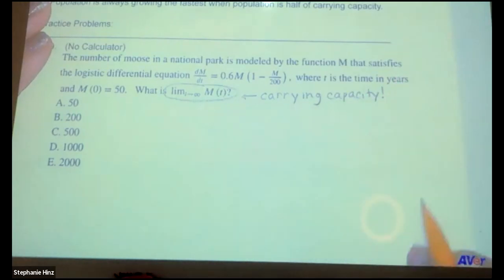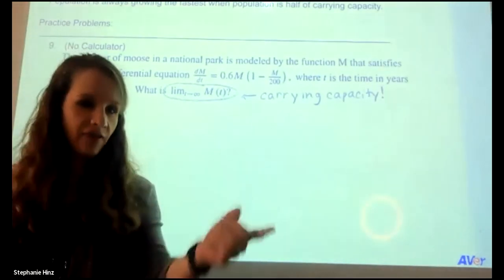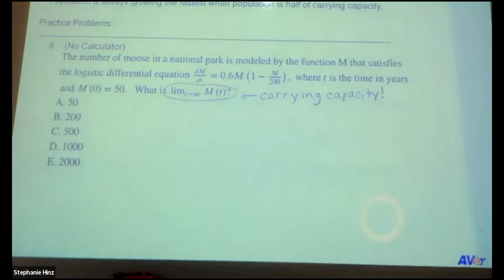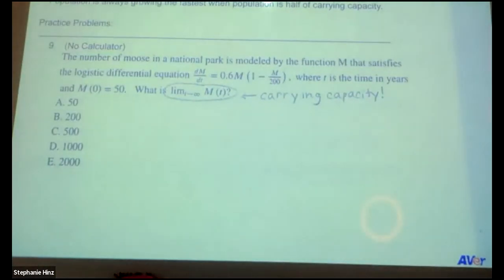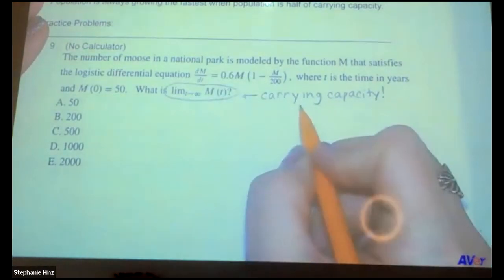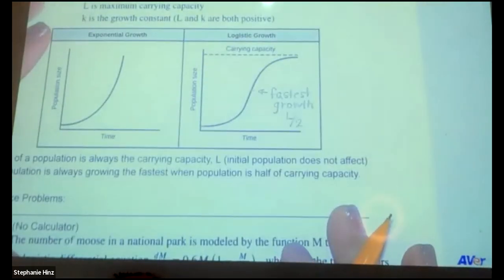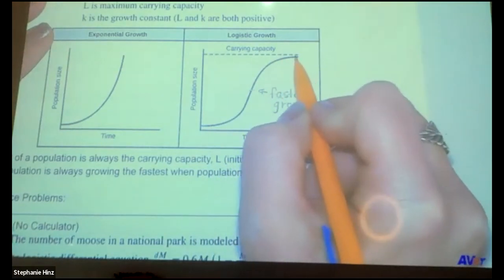I am going to tell you two ways to do this. And I will tell you that my students, half of them like one way and half of them like the other. So maybe you can latch on to one of these methods. One method that I want you to look at is actually a little more graphical. So when we look at this, our carrying capacity happens when the slope is 0.